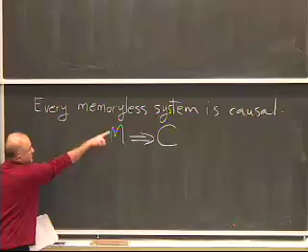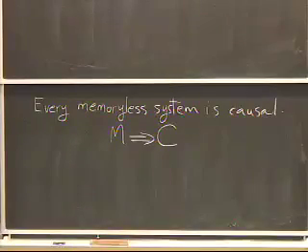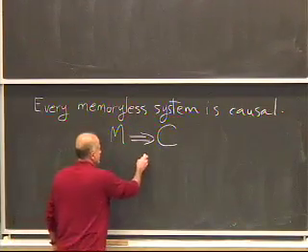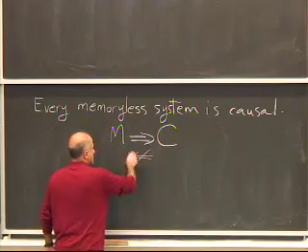Now, this is true because, well, if the system only depends on the value of the input at the current instant in time, then obviously it's not looking into the future. So to produce y at tau, it's not waiting for some future value of x. So that much is straightforward. The converse is not true.